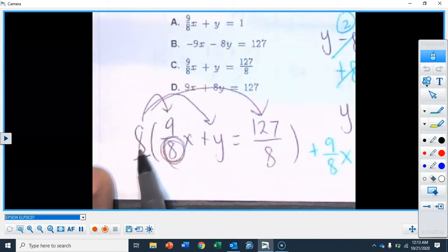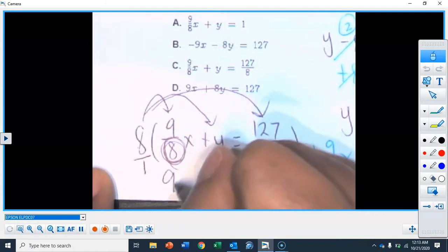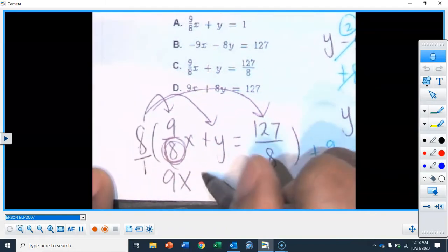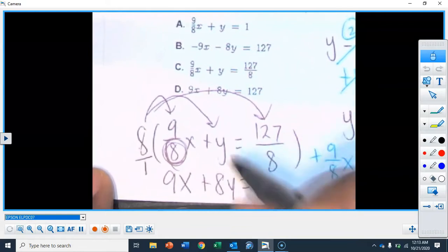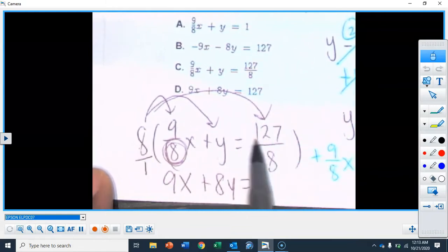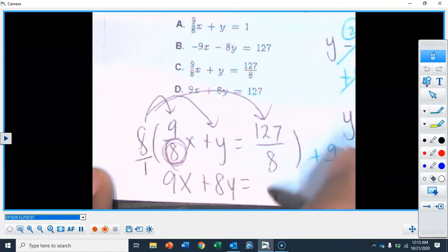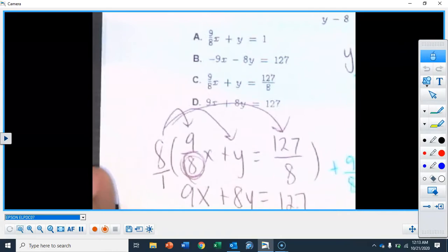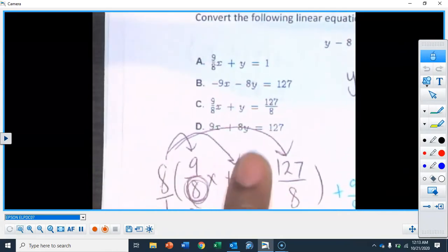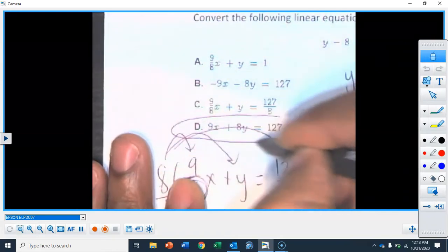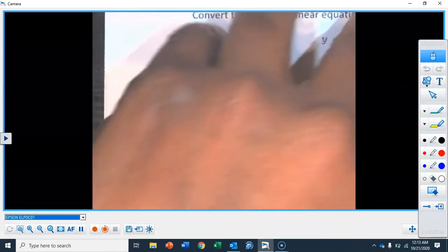So basically 9 times 8, guys, is 72. 72 divided by 8 is what? 9x. 8 times y is plus 8y. And then 8 times this huge number, and then divided by 8, I'm just telling you, it's 127. So the answer we want is right there in front of us, and we slashed it out a little bit. The answer is D. Hope that's making sense.